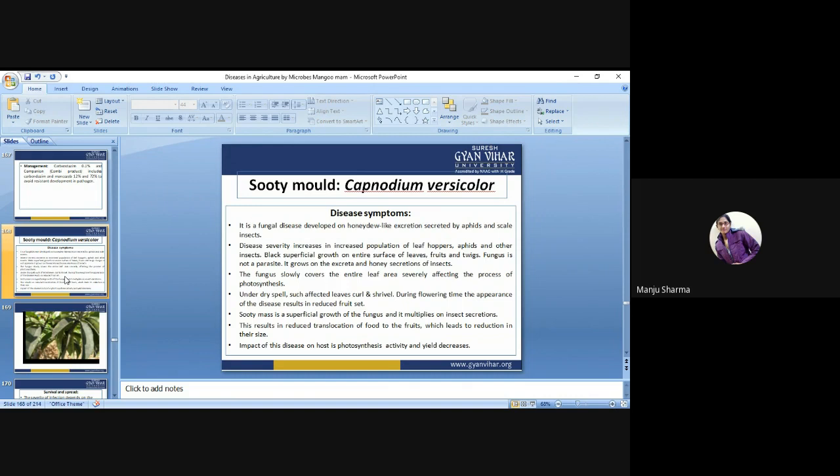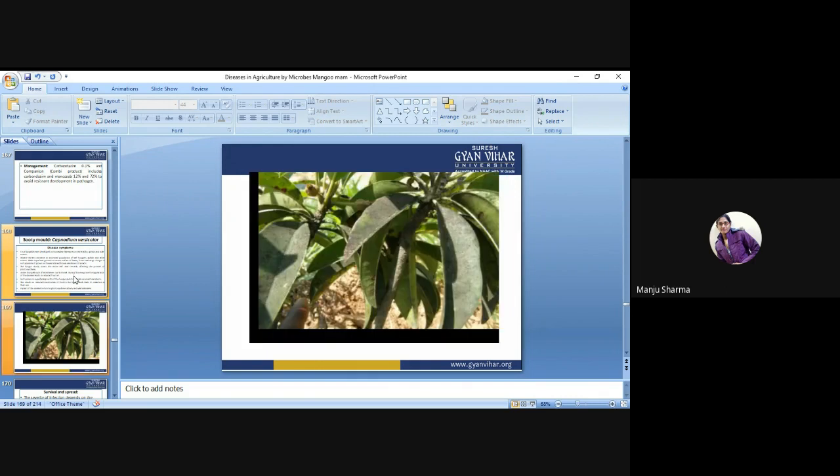The impact of this disease on the host is that photosynthetic activity and yield decrease. So basically these are the symptoms of the disease.